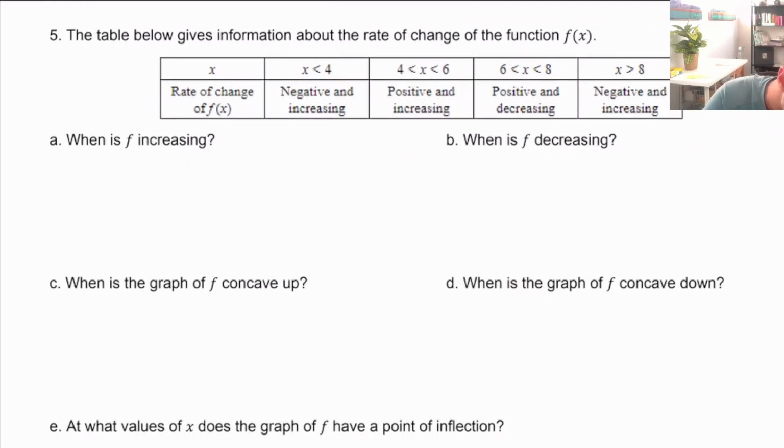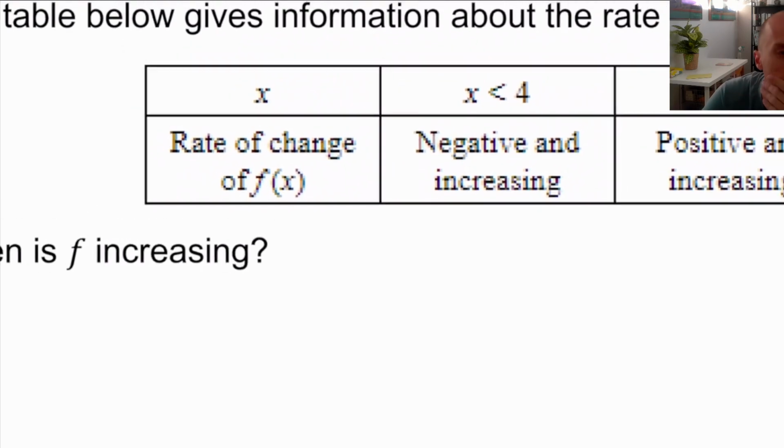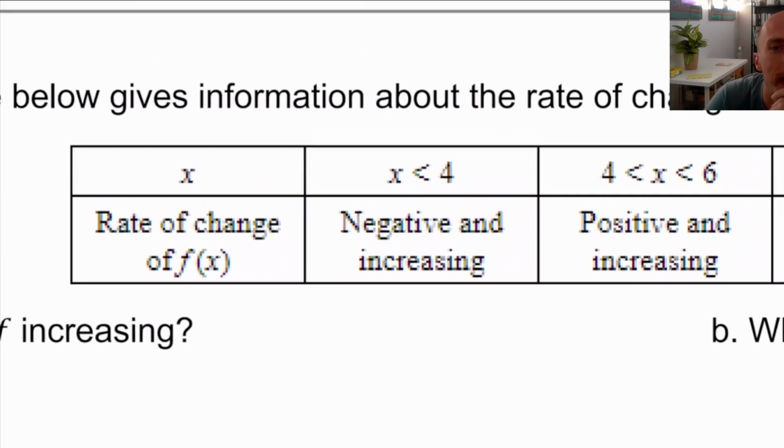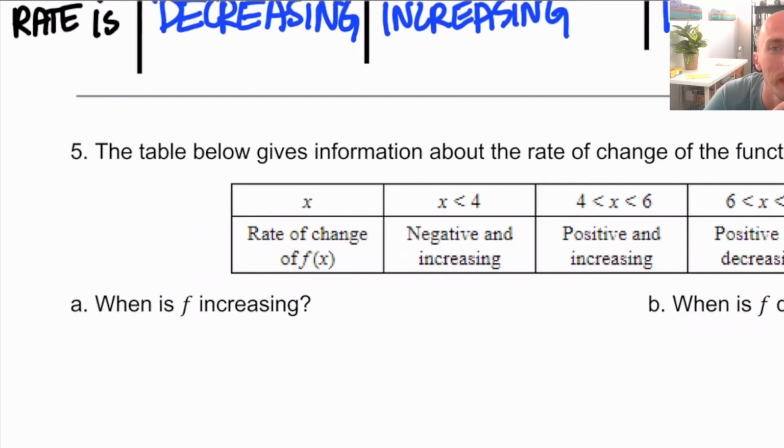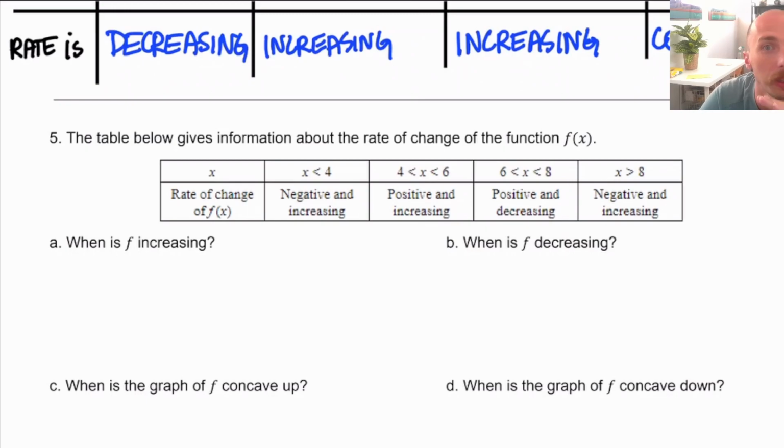So number 5, the table below gives information about the rate of change of the function f of x. All right. I think on a table like this, I hadn't really thought about this. After I decided I was going to be really, really intentional about how I was setting these questions up, I think what I'm going to do here is use 2 different highlighter colors.